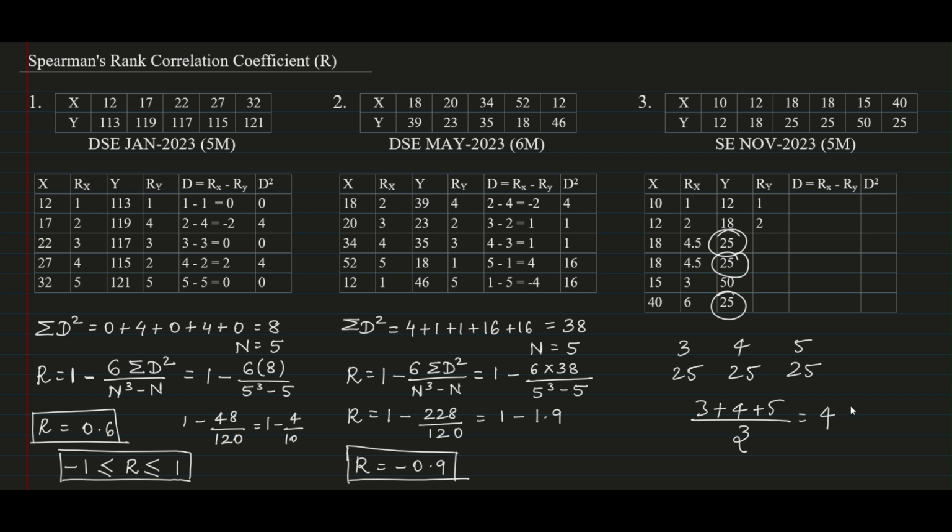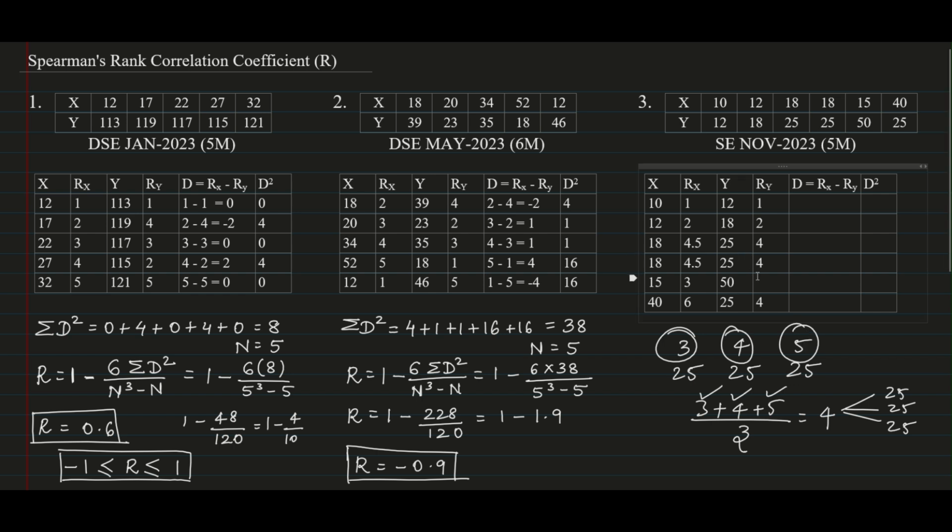So all these 25s are given the same rank 4, corresponding to 3, 4, and 5. Now, as 3, 4, and 5 are exhausted, we have to rank the next data item as 6.